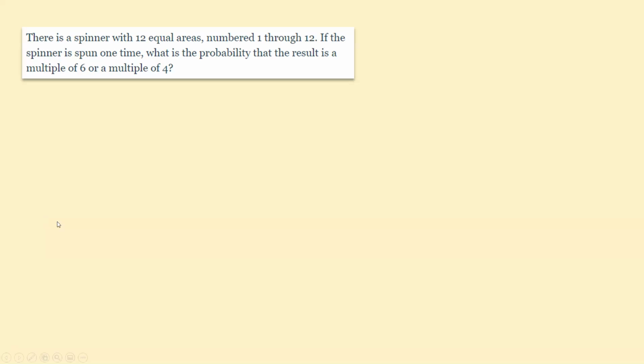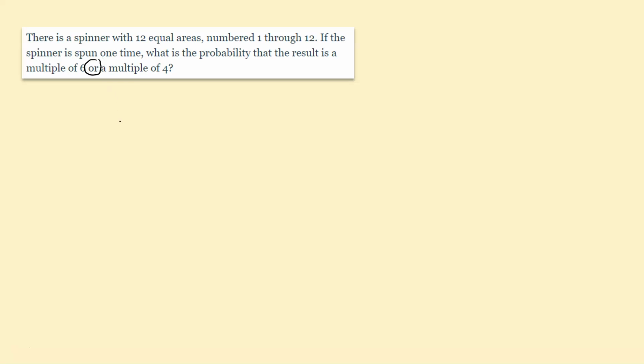So first, we have a spinner with 12 equal areas numbered 1 through 12. If the spinner is spun one time, what is the probability that the result is a multiple of 6 or a multiple of 4? For this, there's a keyword here, which is or.